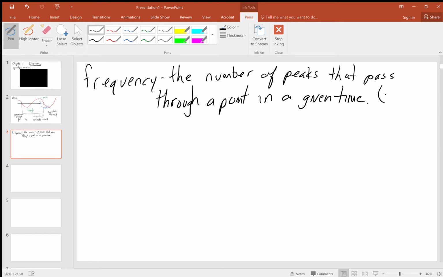Usually this is 1 second. And so the units for this are either inverse seconds or hertz.